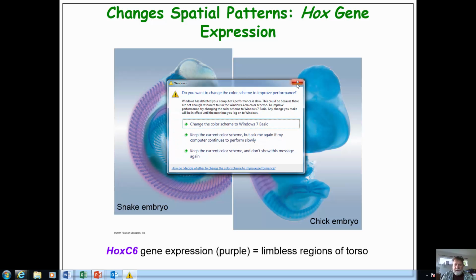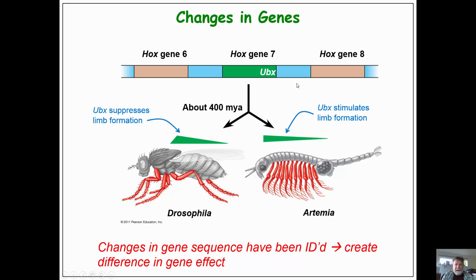We can also have a developmental plan from something that looks like a fairly simple crustacean to an insect, because those Hox genes turn limb formation on or off; in this case, limb formation is turned off. And so we have a powerful tool for the production of new forms without really changing the type of gene, just changing the timing and the on-off switch of when a gene comes on or off. All right.